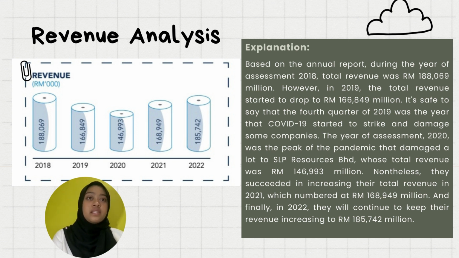Nonetheless, they succeeded in increasing the total revenue in 2021, which is numbered at RM168,949 million. And finally, in 2022, they continued to keep their revenue increasing to RM185,742 million.